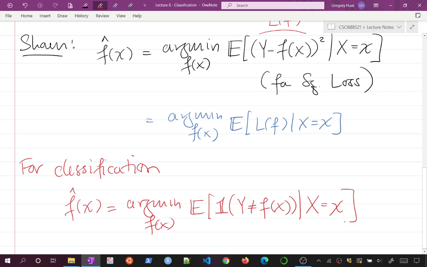Okay? I'm not going to rehash that, but the proof looks exactly the same. We didn't really care about the squared error loss.